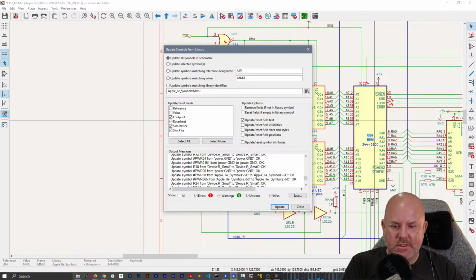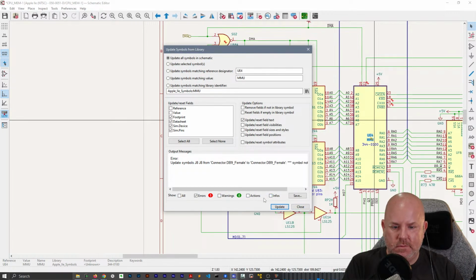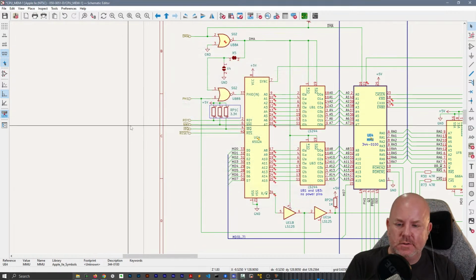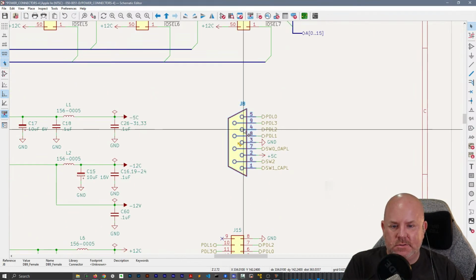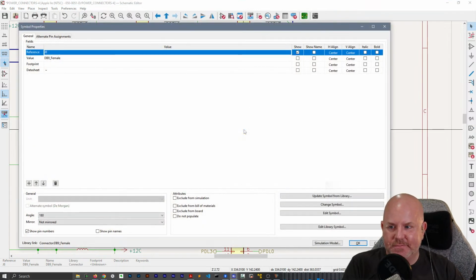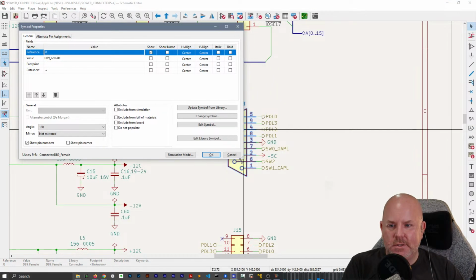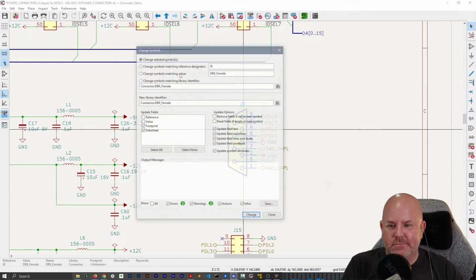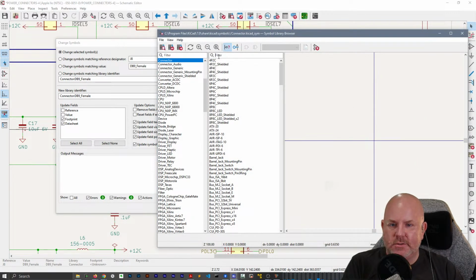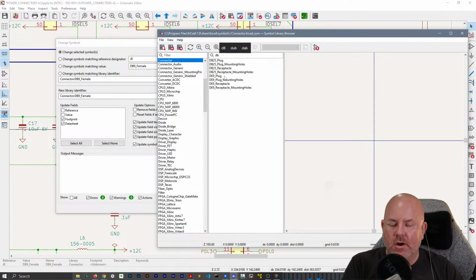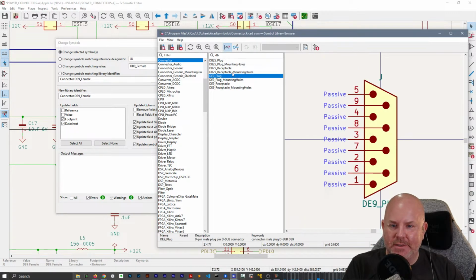What error did we just get? Symbol not found. J8. Okay. What is J8? So the symbol you're using was not found, huh? That seems suspicious. So connector DB9. Oh, they changed the name. That's why.